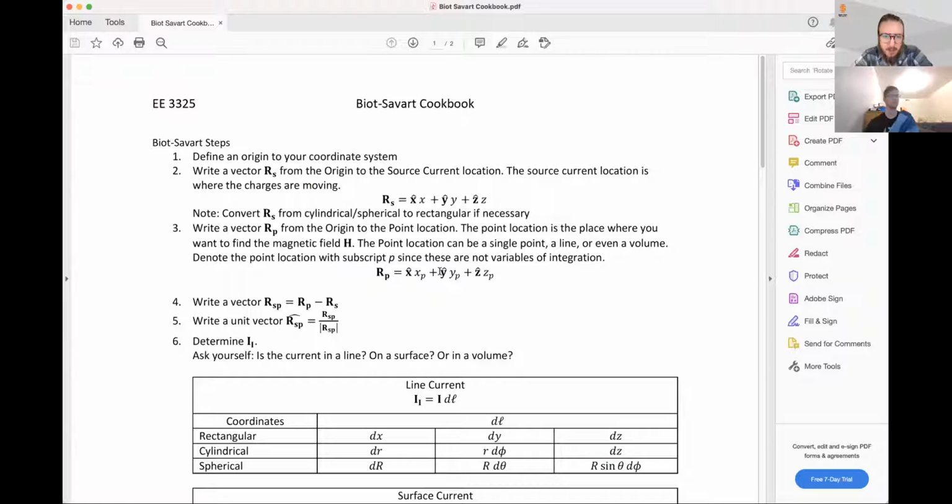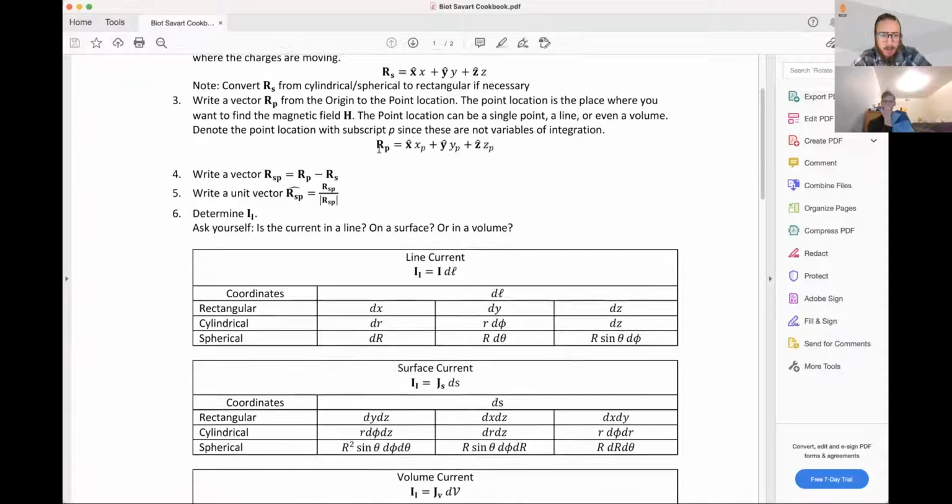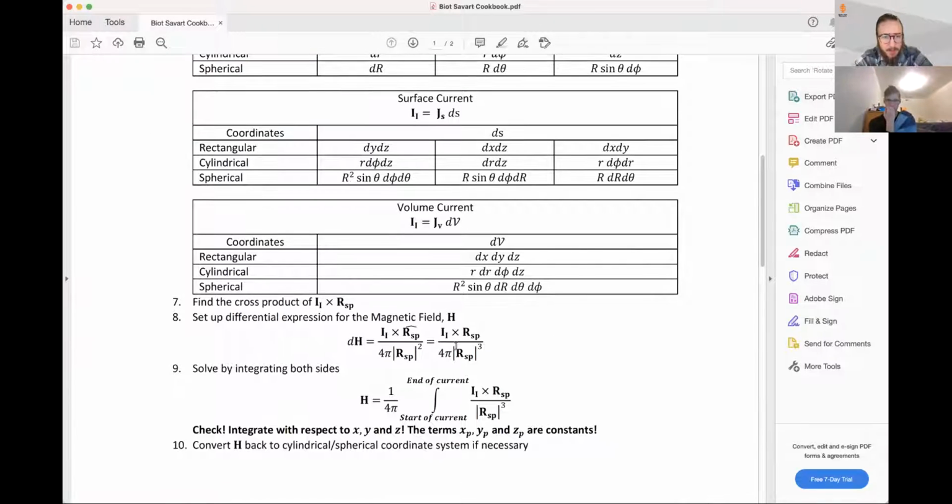Let me see. I'm trying to pull up the cookbook here so we can look at it together. Okay, here it is. The reason that's important is this is where it diverges between Coulomb and Biot-Savart, when you get down to here. In Biot-Savart, the direction depends on the cross product.